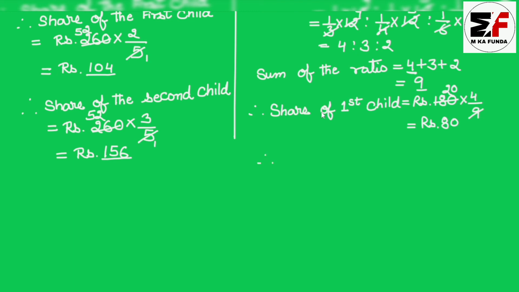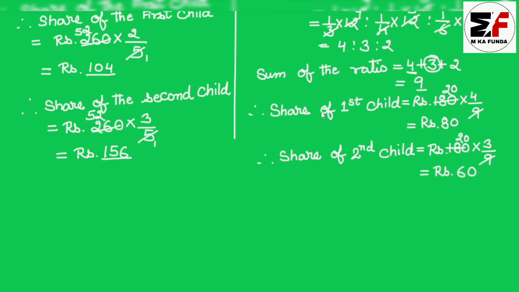Same way, therefore, share of second child, rupees 180 multiplied by the second ratio, that is 3 upon the total. Again we get here 20, so it's coming 60. So second child will get rupees 60.